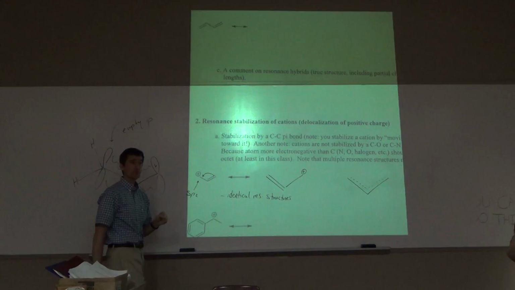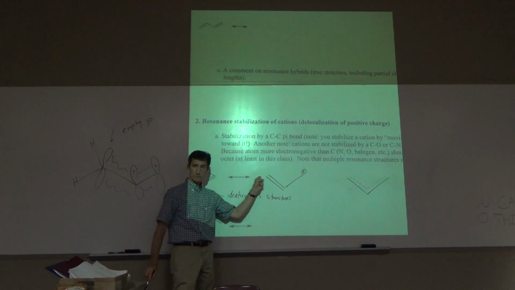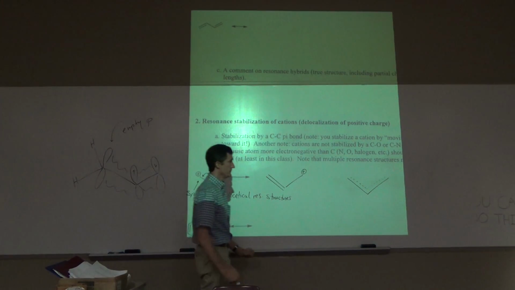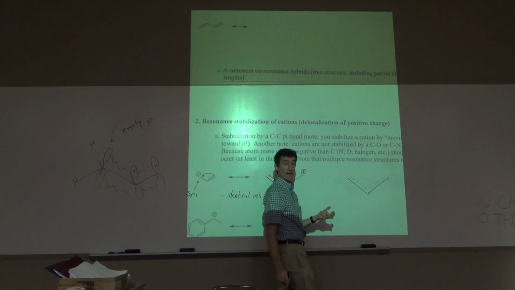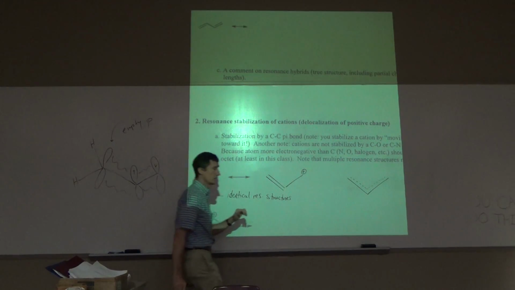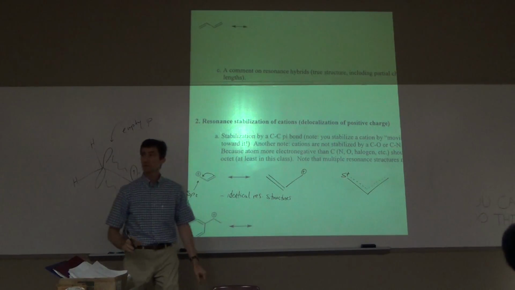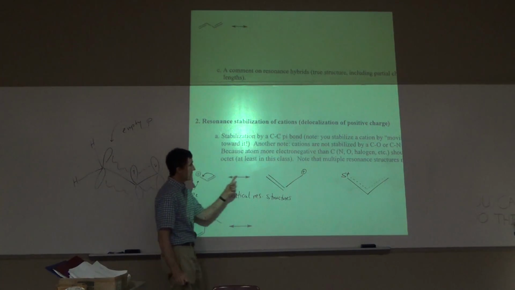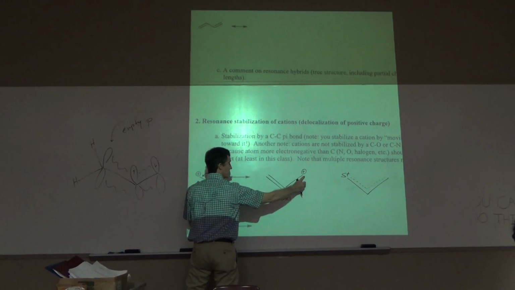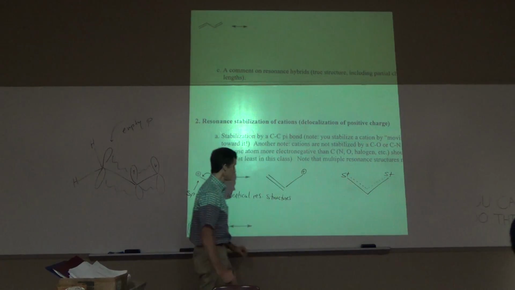Then you can also blend your charges, or average your charges. What's the average of +1 and neutral? Plus a half. Now, I'm never going to quantify that. We'll either have a whole charge or what I will call partial. So it's not a full plus, it's a half plus. We'll say partial plus. Well, on this carbon, what's the average of a plus and a neutral? Partial plus. How about this carbon?